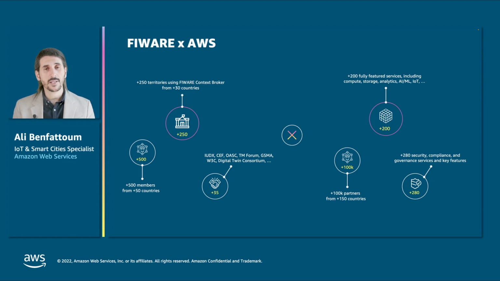We designed the Smart Territory framework using open standards and open source because we believe that is good for everyone, and we are committed to bringing to territories the value of open source and the operational excellence of AWS, and to give them the freedom to choose the right tools from any solution provider for each capability or module they add to their platform, including the Fiware Context Broker itself.